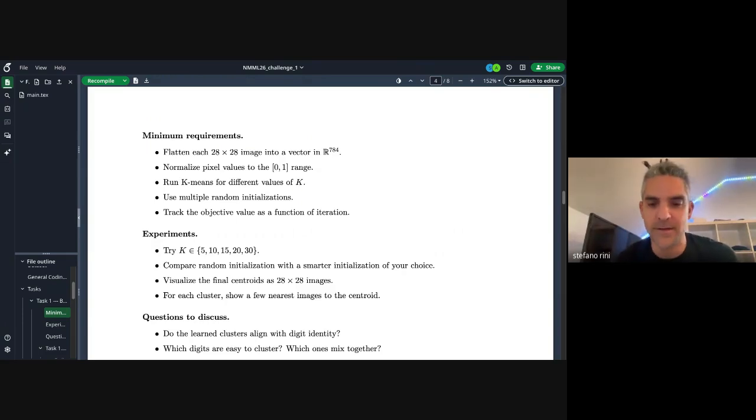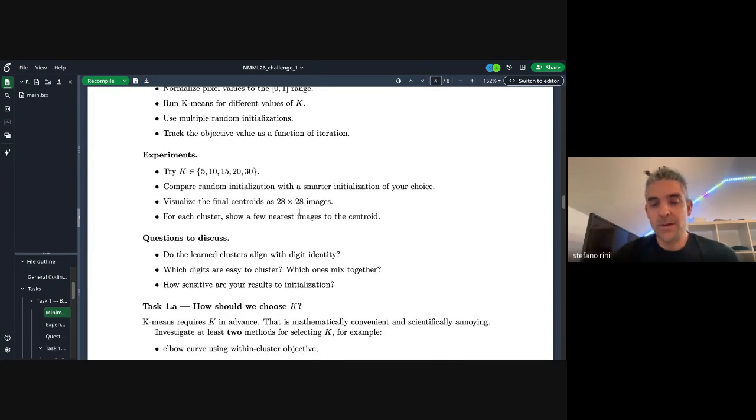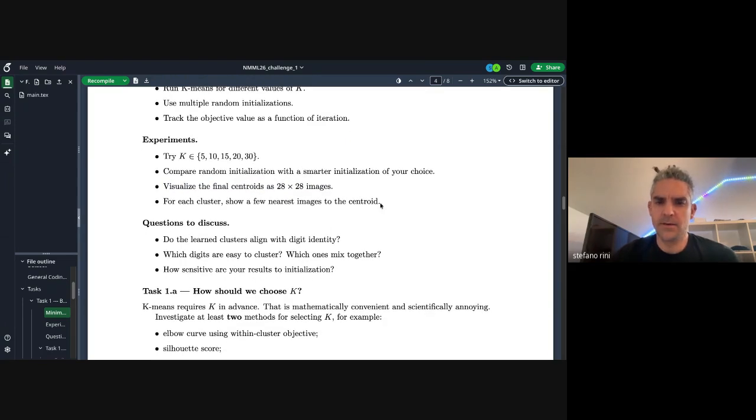Usually whenever I write the challenges, I try to leave them open so that we don't see the same ways of solving the challenge for all the groups. Otherwise, it becomes very boring. Then visualize the centroids so that you can see what the centroid is capturing. And then you can show, for example, the closest or the two closest images to the centroid.